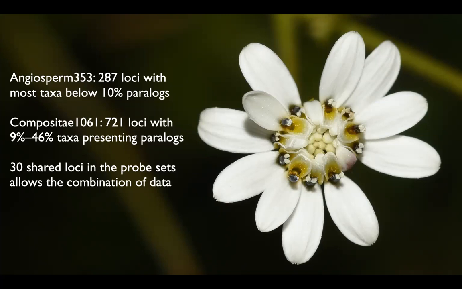We also discovered that there are 30 shared loci in the probe sets, so that allows you to combine the data. A lot of people are testing out this idea, or doing it in the lab, capturing with the Angiosperm 353 and a lineage-specific probe set, essentially doing two types of captures in one reaction and sequencing that.